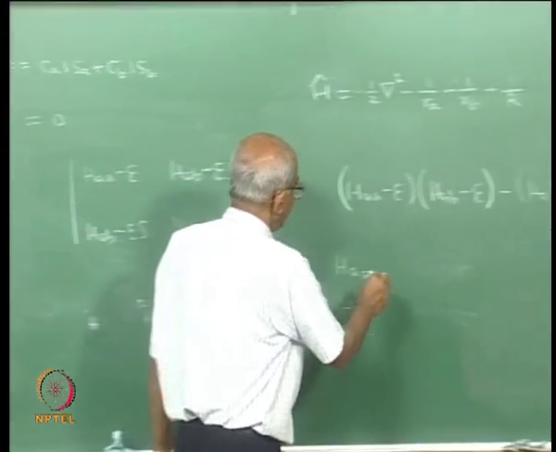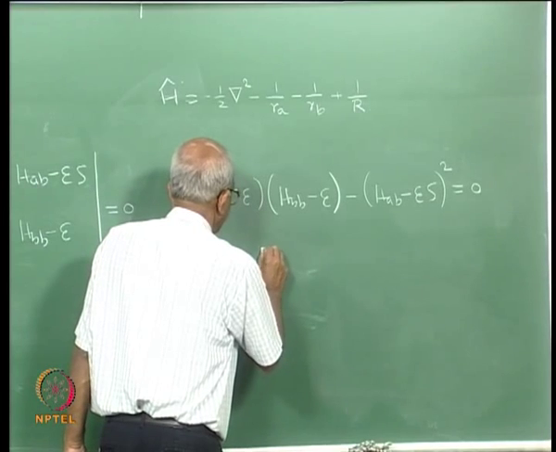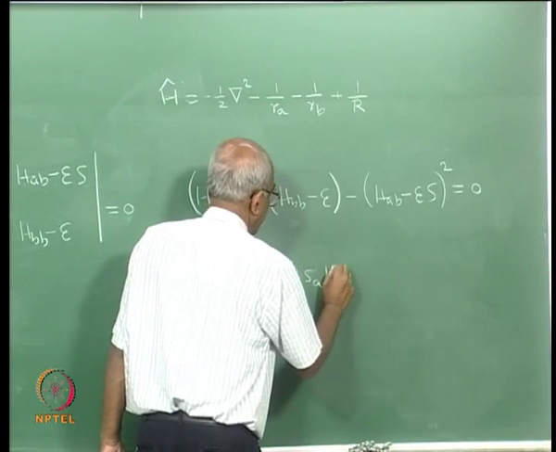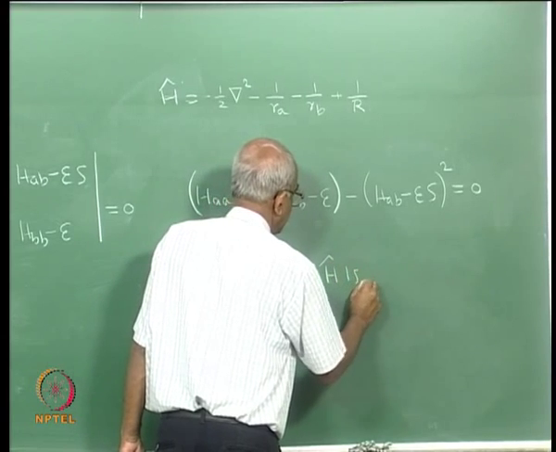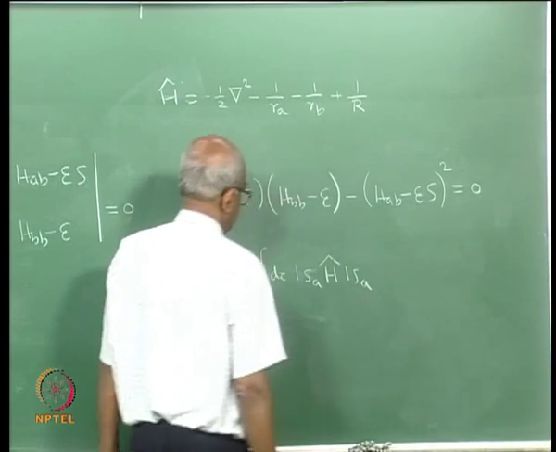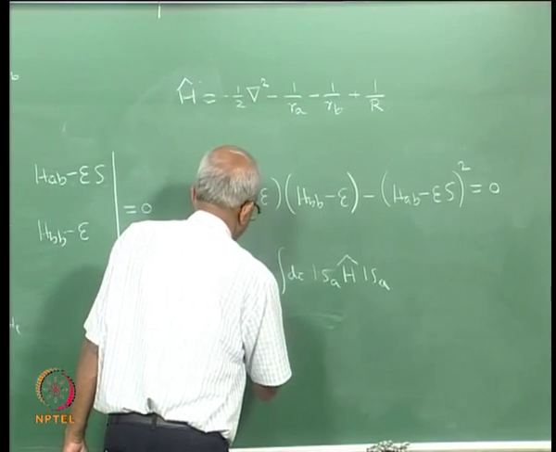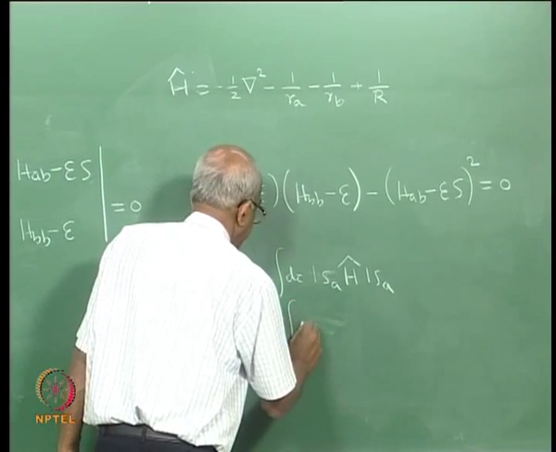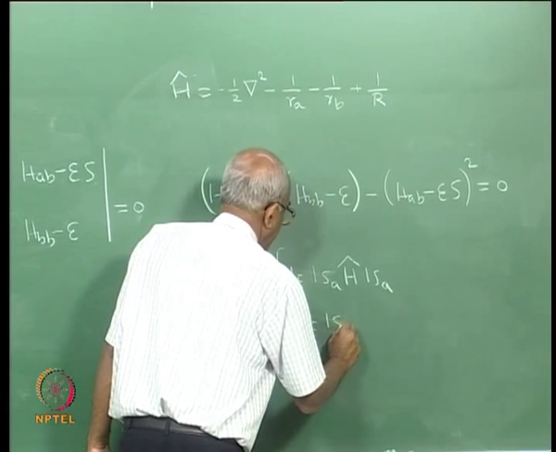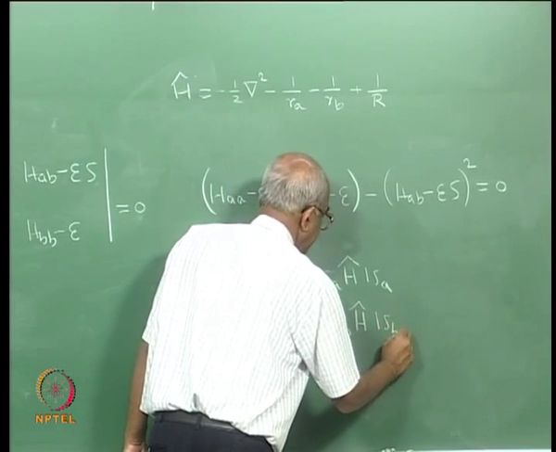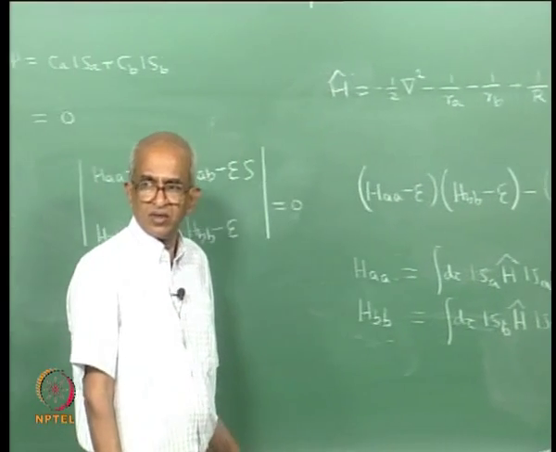Well, HAA is actually integral d tau 1sa H 1sa. And HBB is actually integral d tau 1sb H 1sb, right.